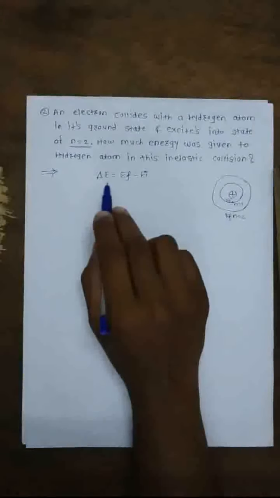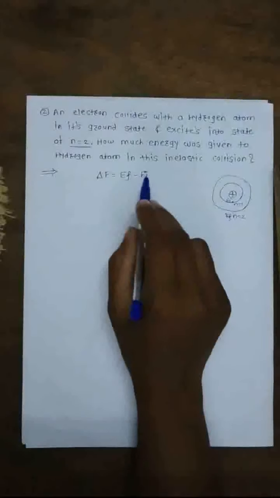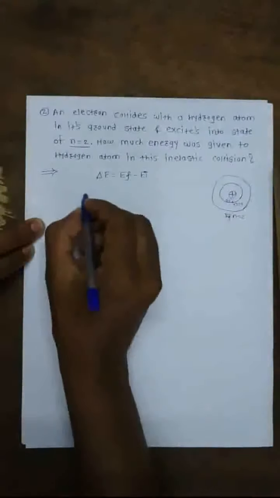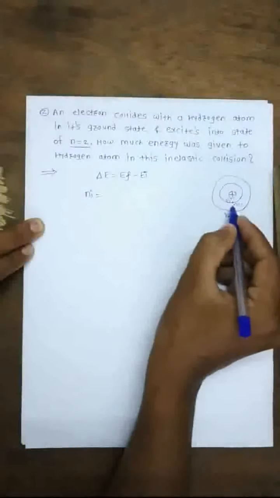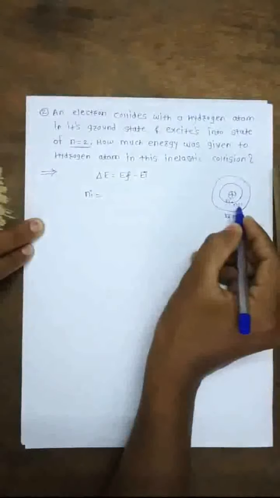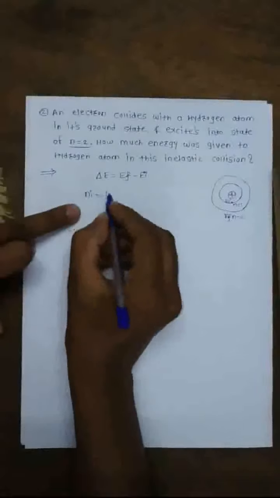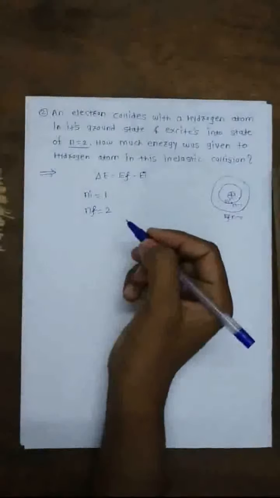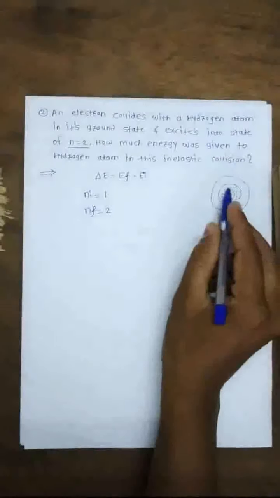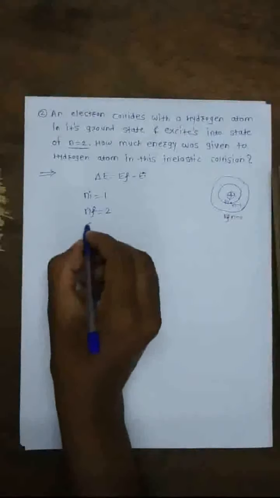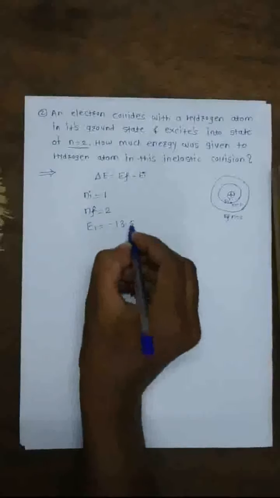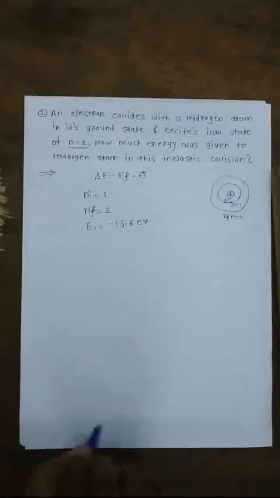Therefore, delta E is equal to EF minus EI, where EI is the energy of the first orbit, so Ni is equal to 1 and Nf is equal to 2. E1 is the ground state energy, which is equal to minus 13.6 electron volt.